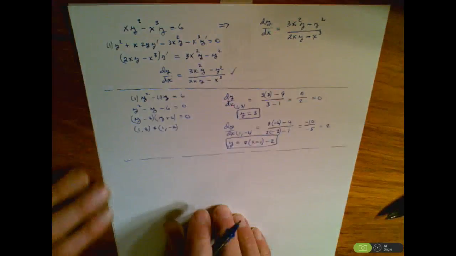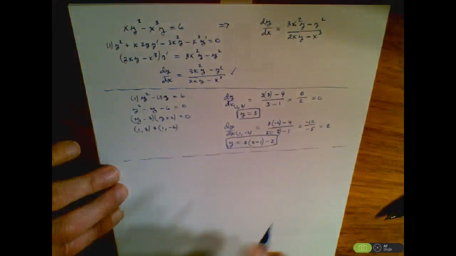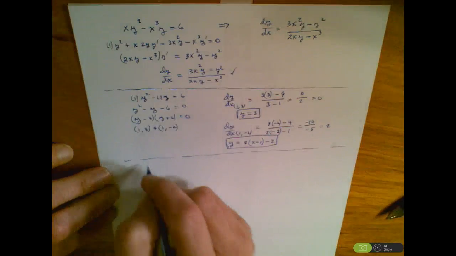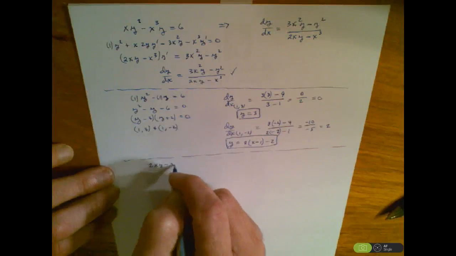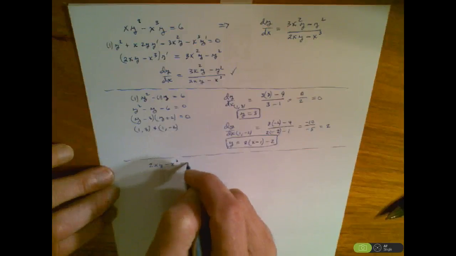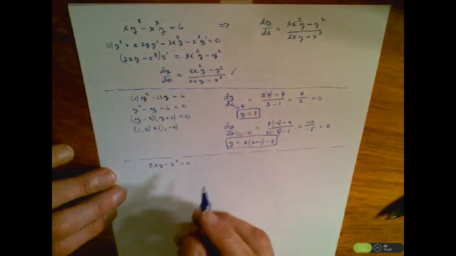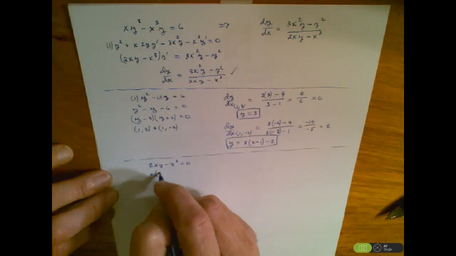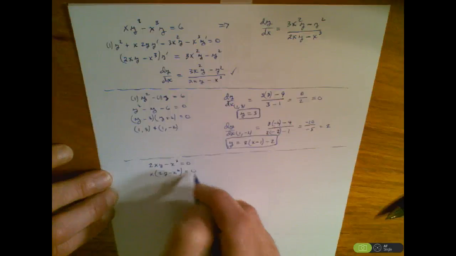Okay, finally it says find the x-coordinate of each point on the curve where the tangent line is vertical. We examine vertical tangent lines when the denominator of the slope is going to be 0. So we're looking at the expression 2xy minus x cubed, seeing that when that equals 0, we could then go ahead and factor out an x, and then we have 2y minus x squared equals 0.